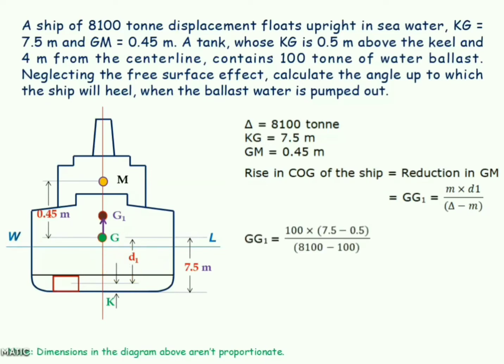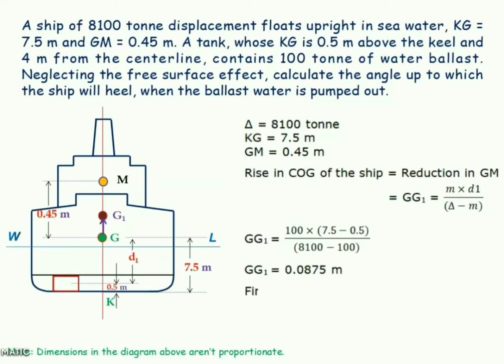Now substituting m as 100 ton, d1 as 7.5 minus 0.5 and the ship's final displacement as 8,100 minus 100, it gives us GG1 is equal to 0.0875 meters.